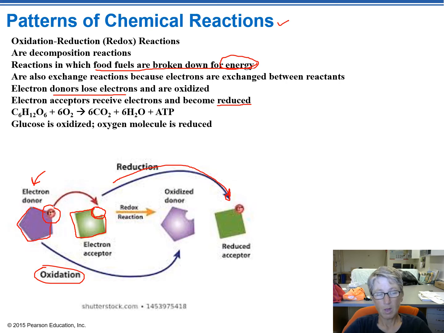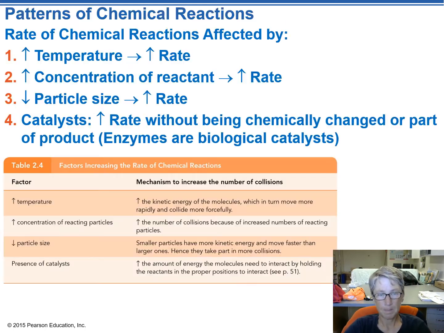So in this cartoon, it shows C6H12O6, that's glucose, plus oxygen gives CO2, water, and ATP. So this glucose molecule gets oxidized because you're tearing off its hydrogens and its accompanying electrons. So glucose is getting oxidized because it's losing electrons. And oxygen is actually accepting those electrons, so it gets reduced.